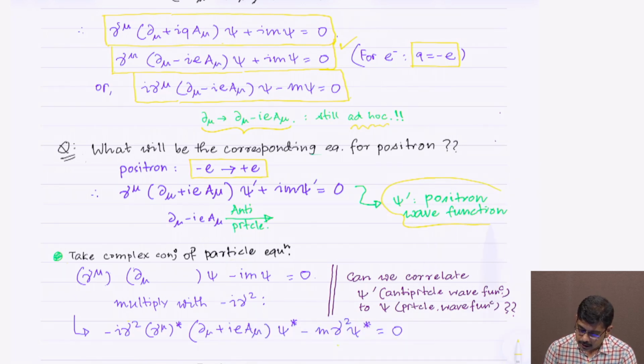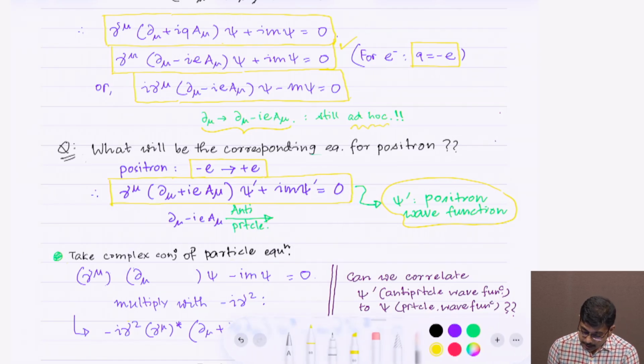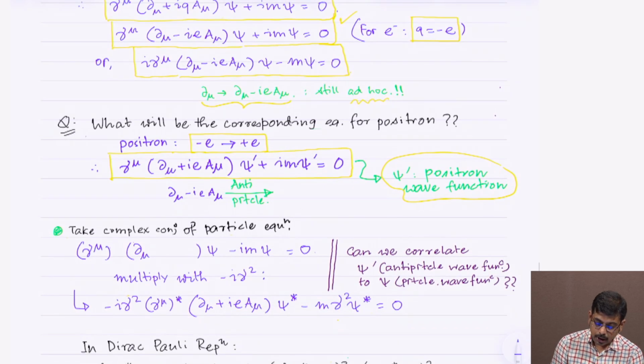So, the equation becomes γ^μ(∂_μ + ieA_μ)ψ' + imψ' = 0. So, the interaction operator that we wrote for the electron, changing ∂_μ to ∂_μ − ieA_μ, becomes ∂_μ + ieA_μ for the antiparticle, the positron.